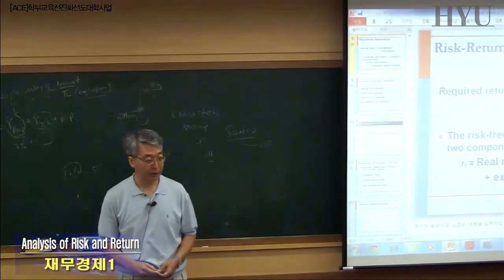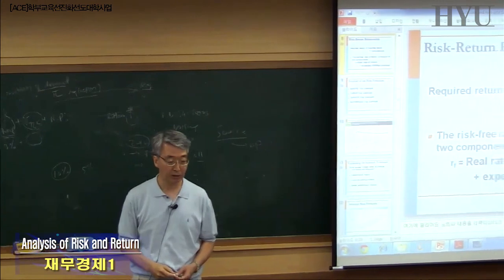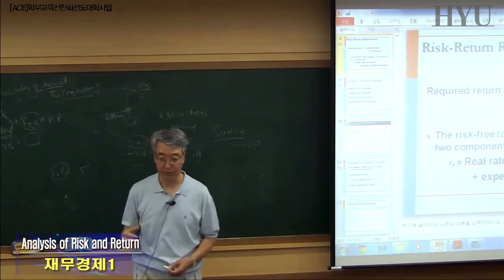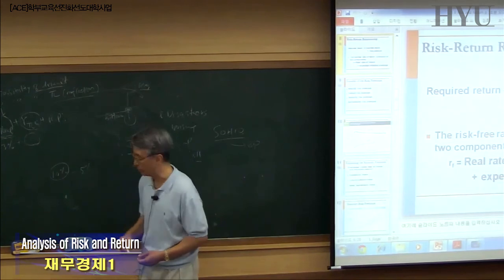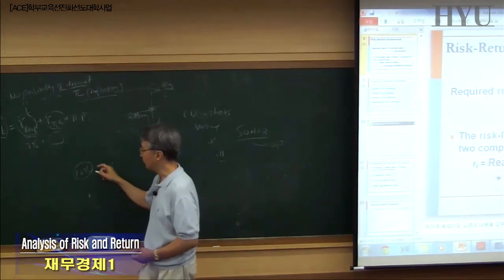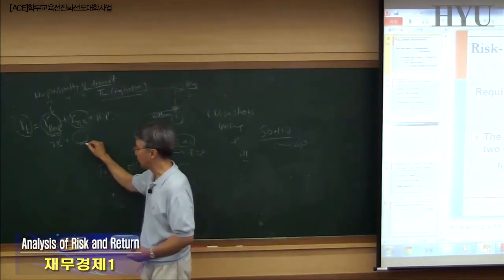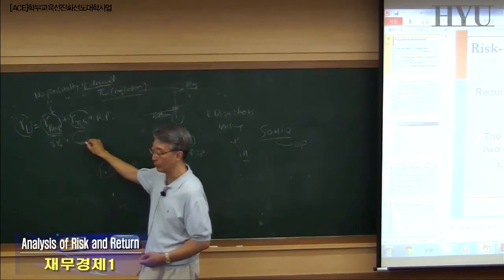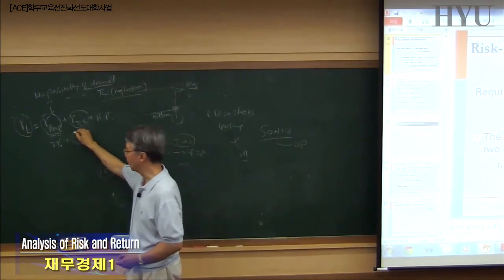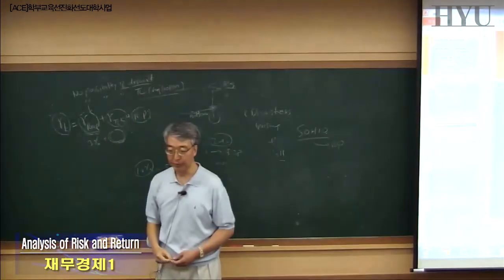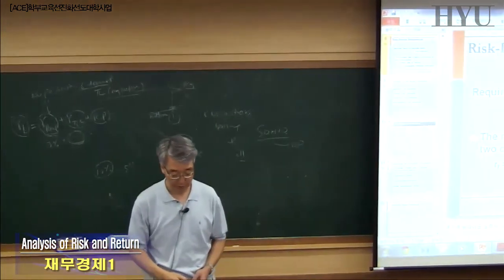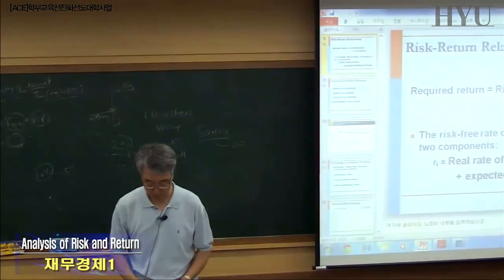Inflation simply means the purchasing power of your money goes down. You can buy less real goods and services. So that's why people would require a little bit extra if there is inflation. And then if you consider other risk premium, you can add that.